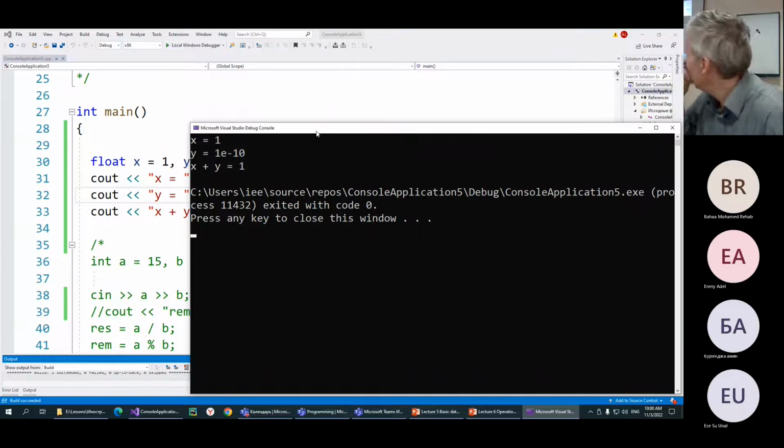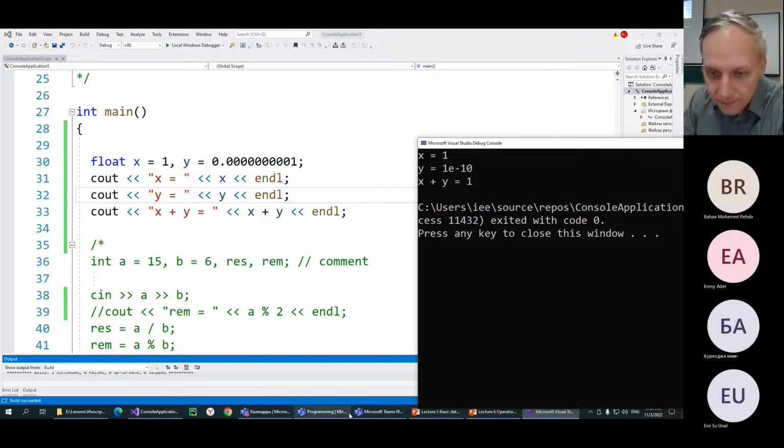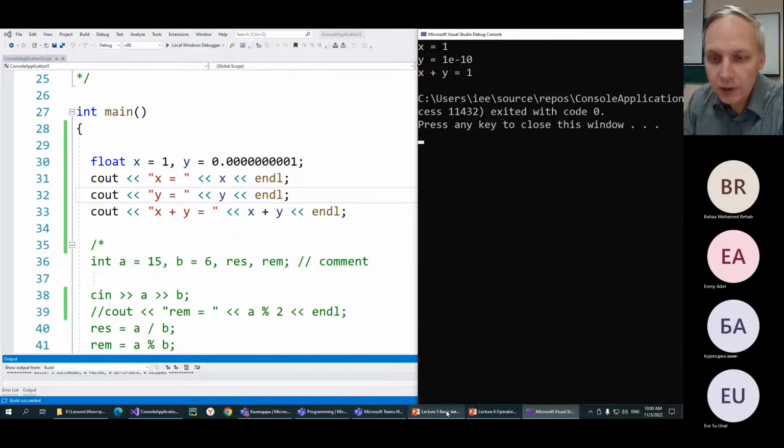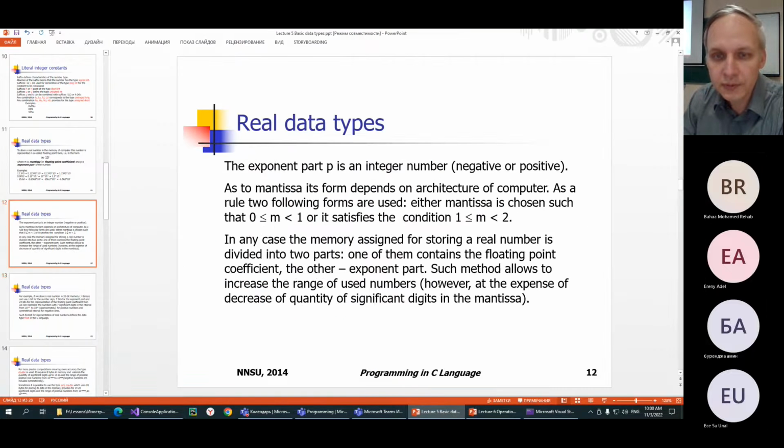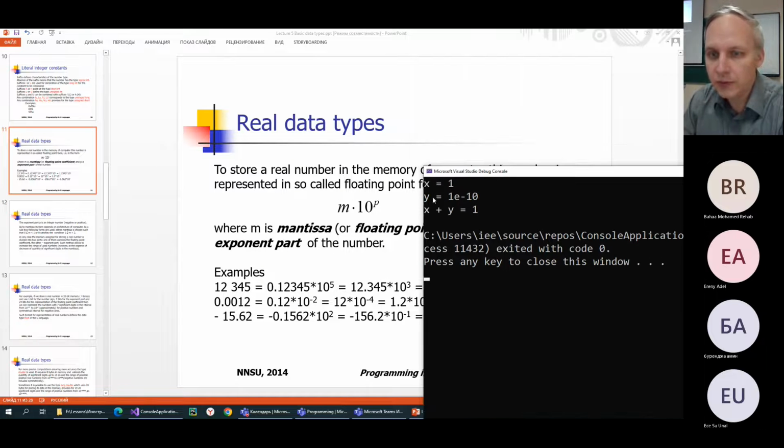We will see this notation on the screen: x equals 1, y equals this notation. And this form exactly corresponds to the one in the presentation. Let me open this presentation again and show. This form of a real number exactly corresponds to this scientific notation.